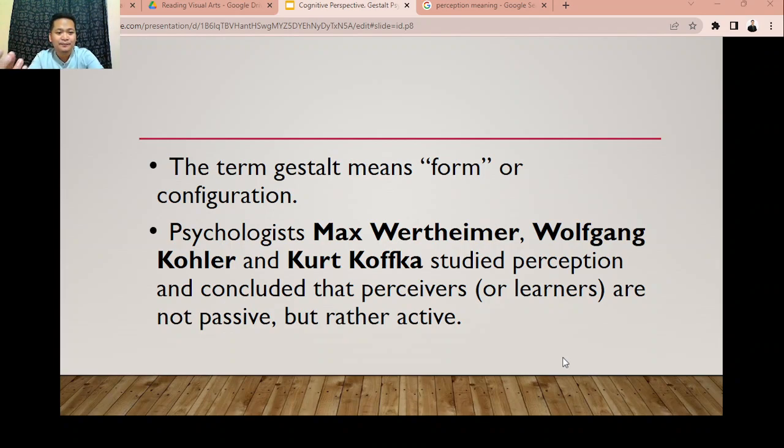And when we perceive something, we don't just easily absorb it like that, right? But we form belief. We form information from the things that we perceive. That's why learners, the perceivers, are really not passive.